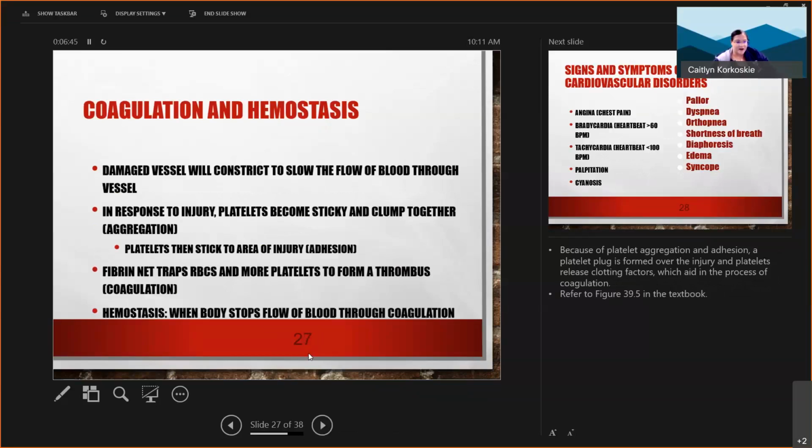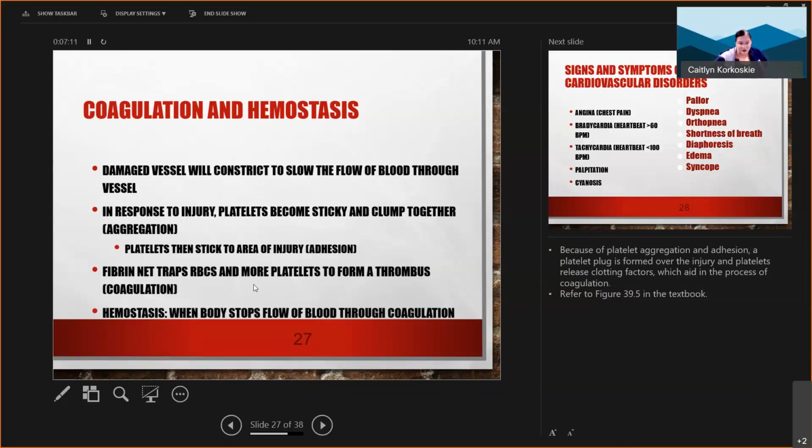Okay, so coagulation and hemostasis. So the damaged blood cells will constrict to slow the flow of blood through the vessels. So coagulation, the fibrin is in the red blood cells and forms thrombus, which is what helps to coagulate or clot something.